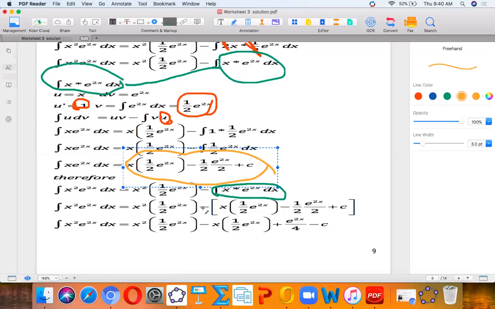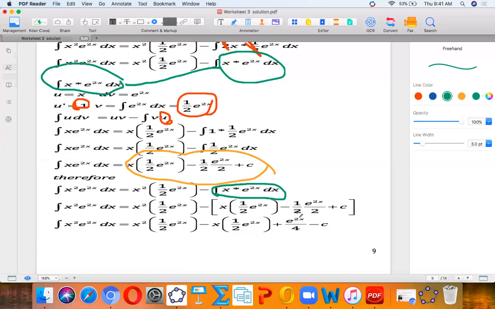Then the negatives are going to change some signs. So negative times x gives a minus x, half e to the 2x. Then this negative times the next negative here would give us a positive right here. And then you can change the sign for this to be minus or leave it.